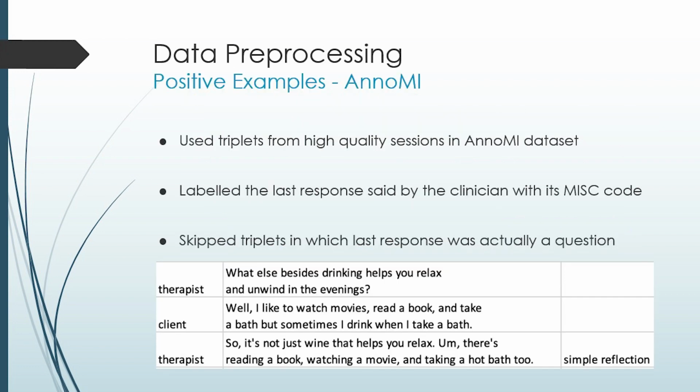For the data preprocessing, in the positive examples, we used triplets from the high quality sessions in the ANO-MI dataset, and we labeled the last response of the clinician in each triplet, and we skipped any triplet that has questions in the last response.